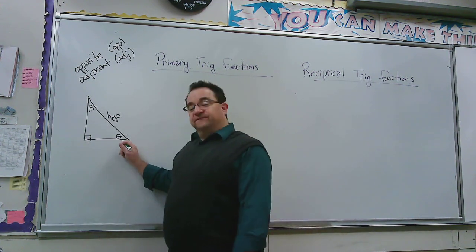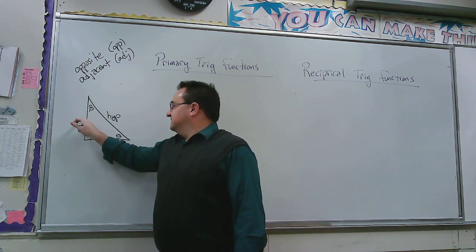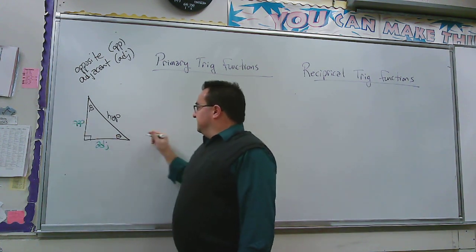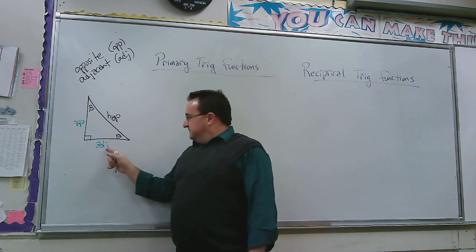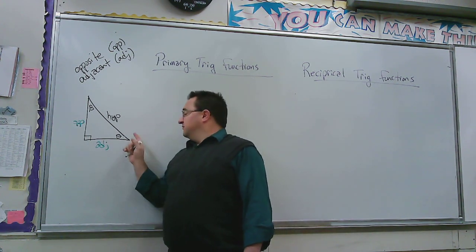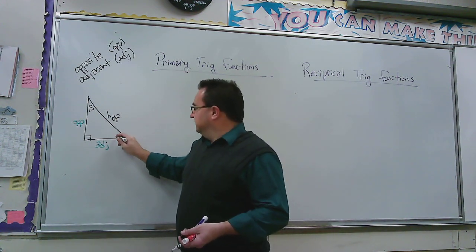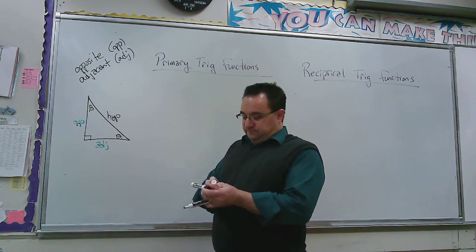If I'm looking from theta, then this is the opposite side, and this is the adjacent. This is opposite to theta, and this is adjacent or touching theta. The hypotenuse is the same either way.